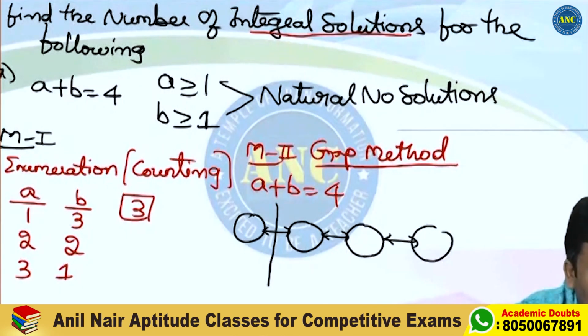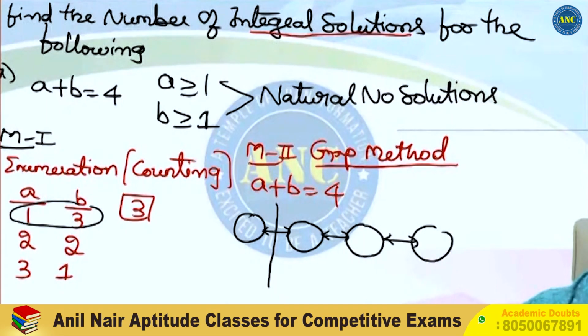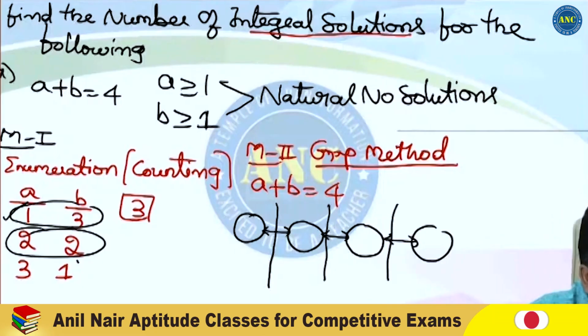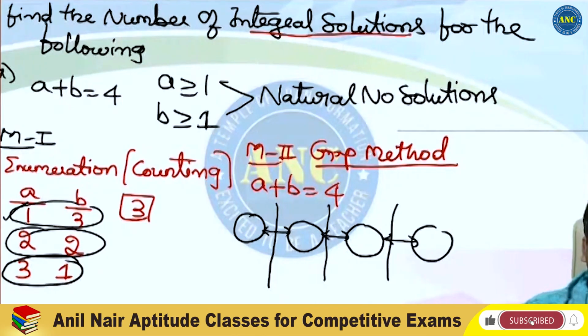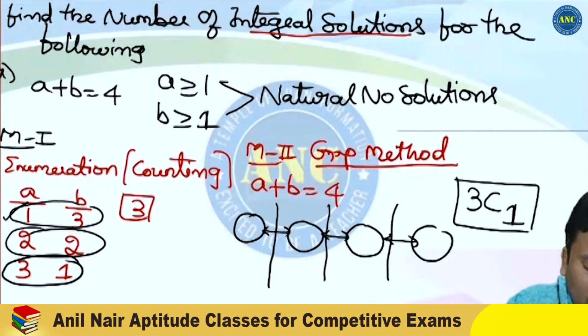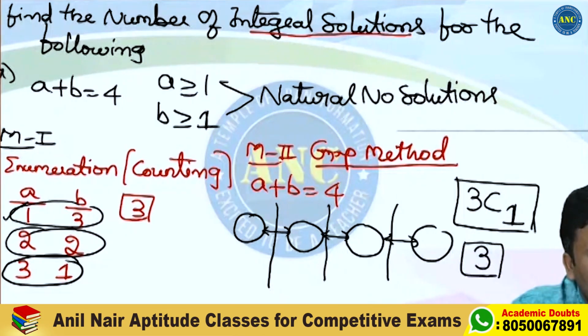If I select 1 gap, that is 1 ball plus 3 balls: 1 is given to A and 3 is given to B. This is one solution. If I select the next gap, 2 plus 2, another solution. The next gap, 3 plus 1, another solution. Selecting any one gap gives one solution. So 3C1 is nothing but 3, and the answer is 3.